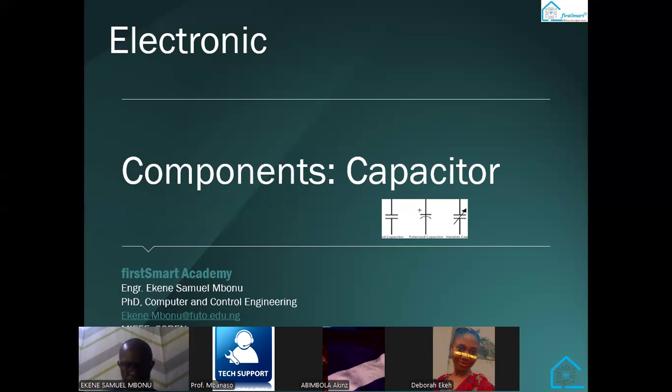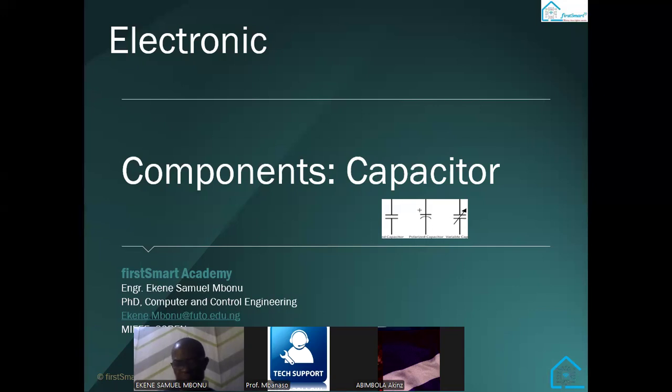Inductor, capacitor, you study them in details. If you can study these things in details, you will be able to understand every other thing about electronics because every other thing revolves around these components.